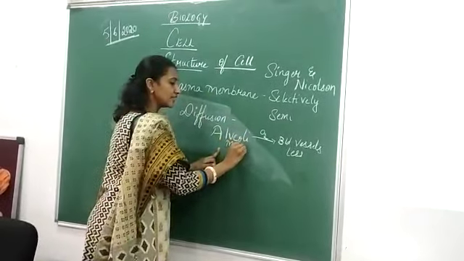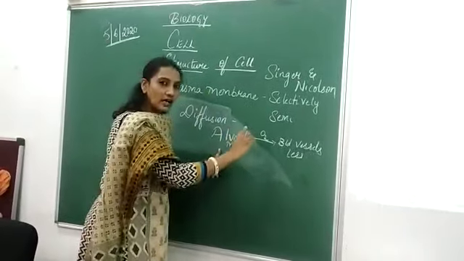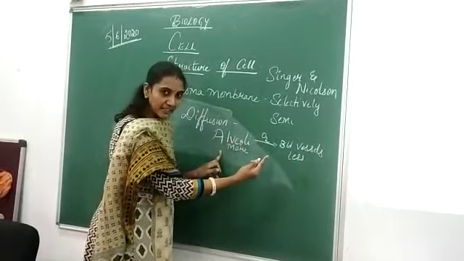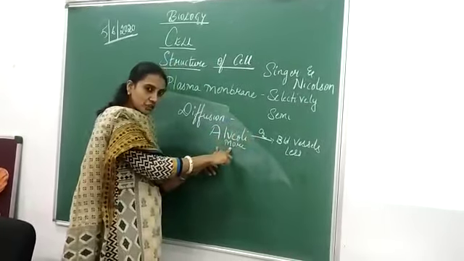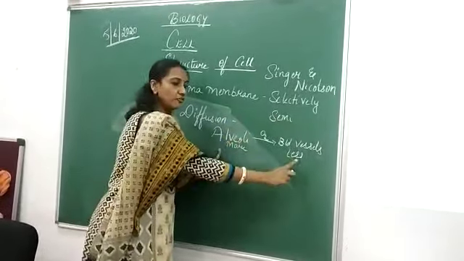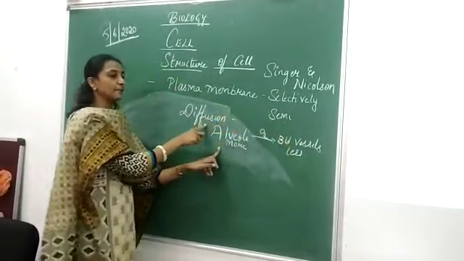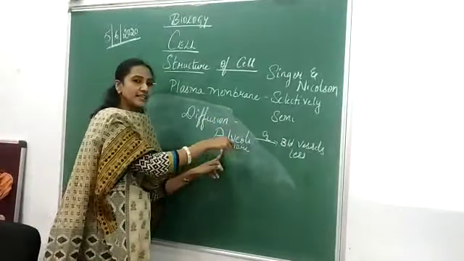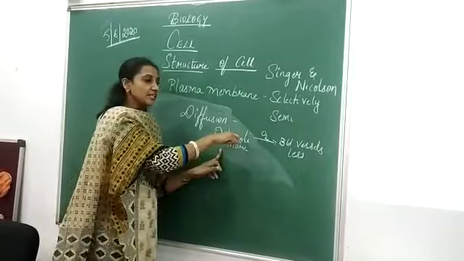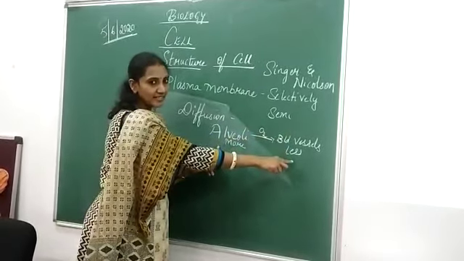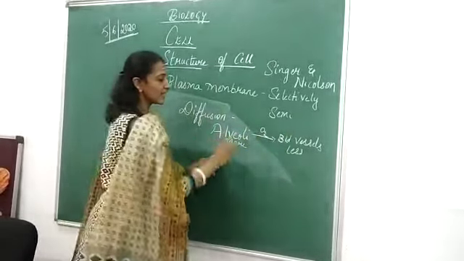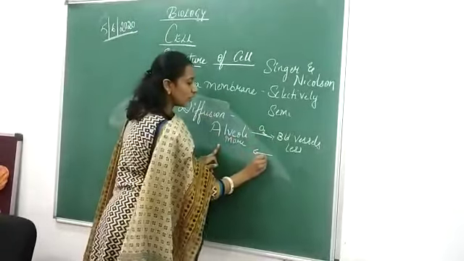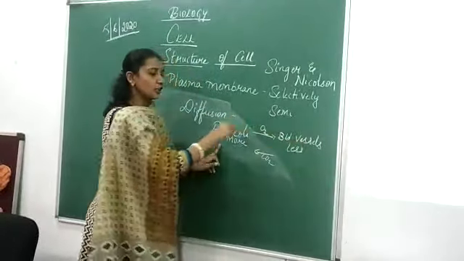Now we can see that the movement of materials from a region of higher concentration to a region of lower concentration is diffusion. Oxygen is more in the alveoli, so it moves to the blood vessels. One more example, the other way: carbon dioxide moves from blood vessels to the alveoli.